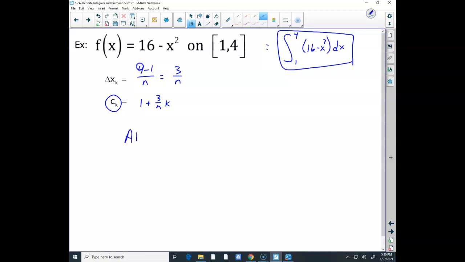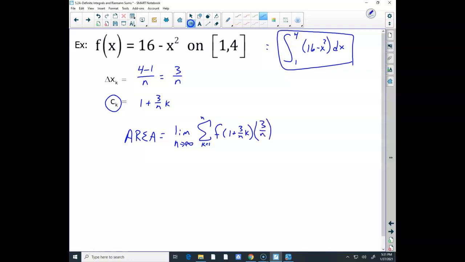We said, oh, now our area, with an infinite number of rectangles, equals the limit as n approaches infinity of the sum from k equals 1 to n of f of, actually I never even put that parenthesis there, f of 1 plus 3 over n times k, times 3 over n, right?